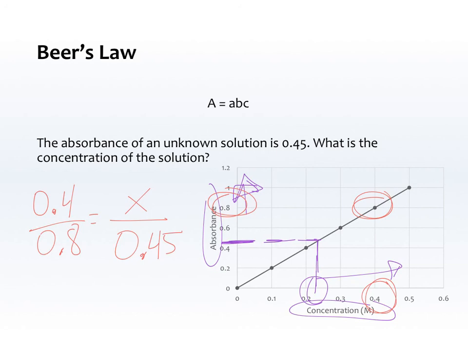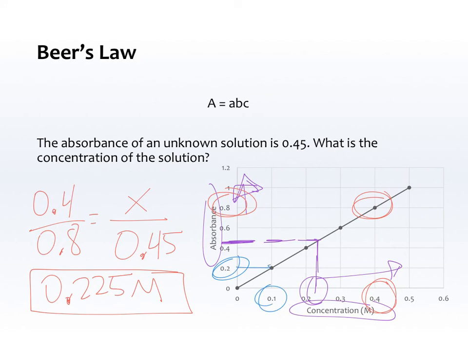So I'll say 0.4 times 0.45 divided by 0.8 gives me 0.225. And the concentration's in units of molarity, and that's all there is to it. I randomly picked 0.8, but you could have also, say, picked 0.2 and 0.1, just really anything that fits along that line. Or you could have actually used the slope.